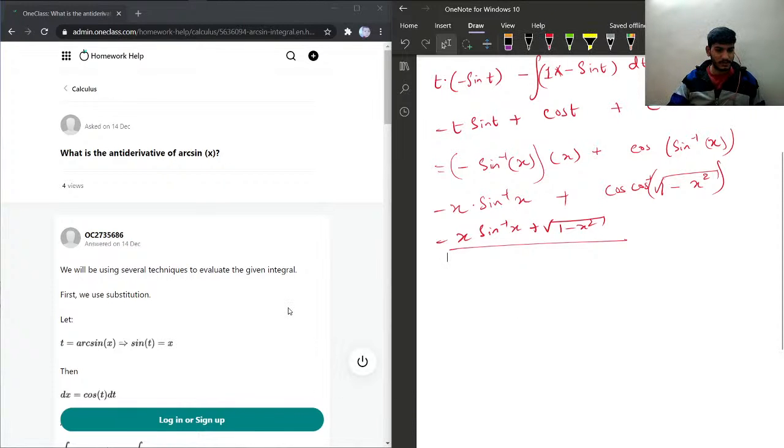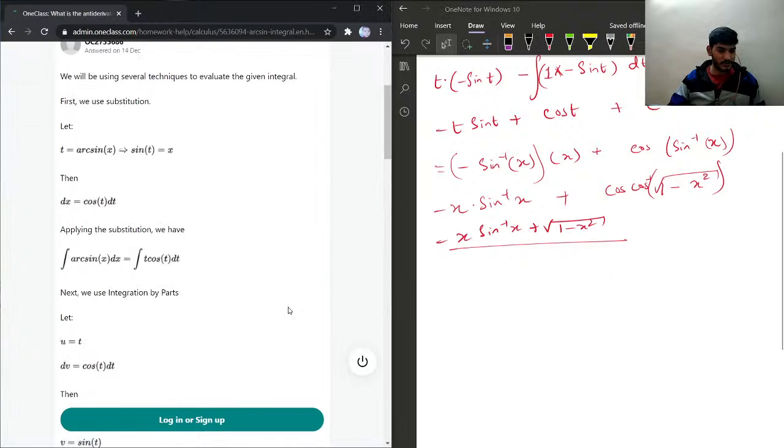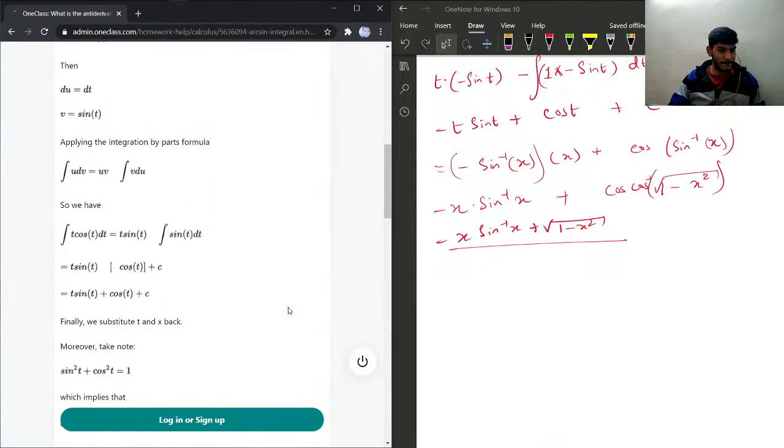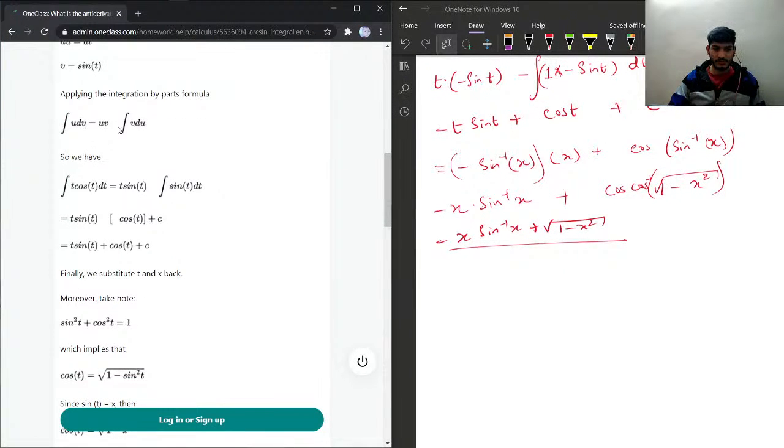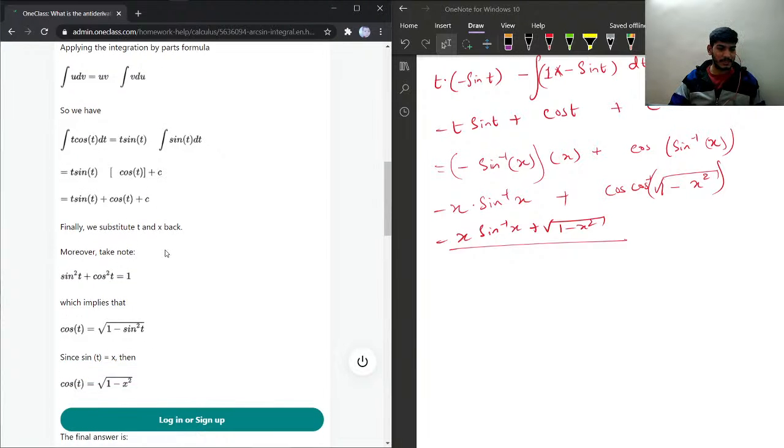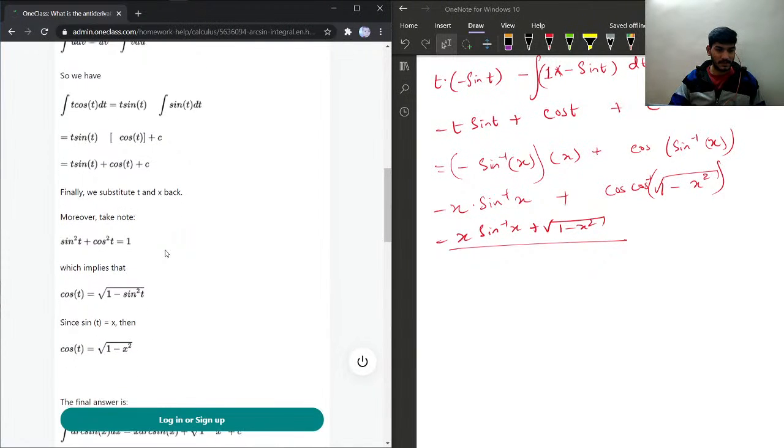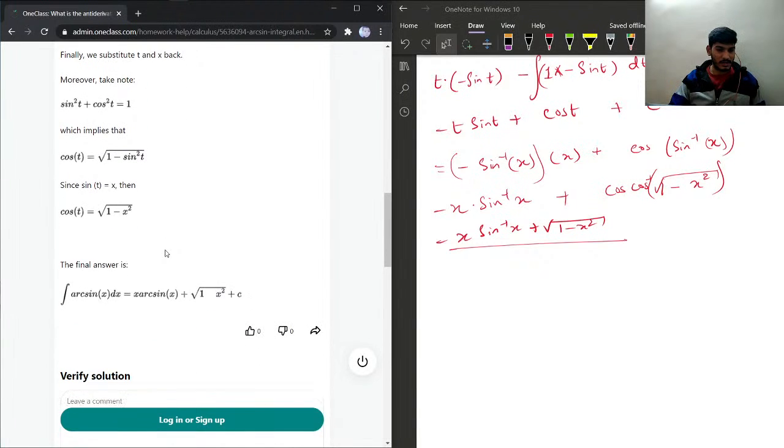I'll just cross check with the solution given by Junior Tutor. So they have used the similar formula. Again, I'm saying that these minus signs are not getting printed here because there might be some issues. This is x, then the sine inverse of x plus 1.